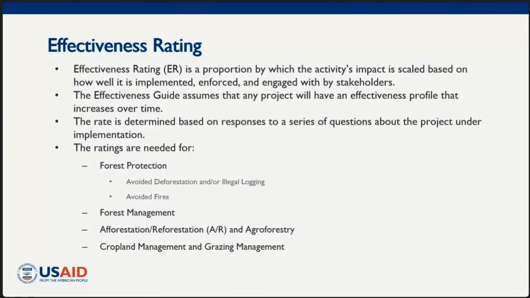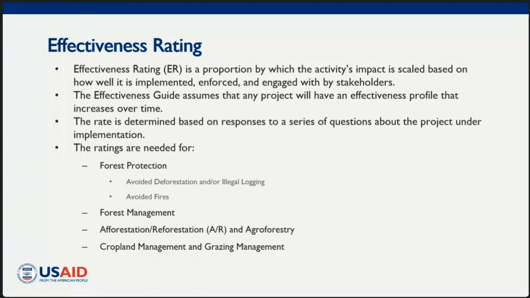It assumes that for each activity, you have a particular profile, like a curve in terms of carbon sequestration. After giving that effectiveness rating, it places the activity on that curve, and then it starts doing the projections over time.